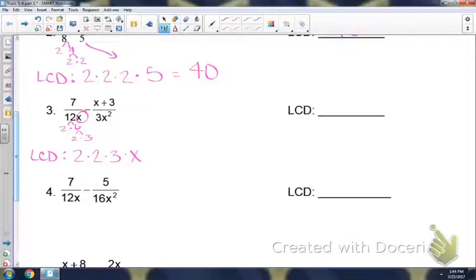And notice that I already have a 3 down here, so I don't need to write it again. X squared means x times x. I already have 1 x, but I don't have 2, so I would need to bring another one down. So multiplying all that together, 2 times 2 we would get 4, times 3 would be 12x squared would be your LCD.